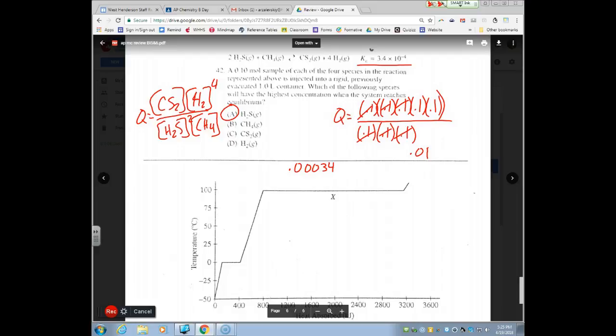That means Q on a number line is way over here. It's much larger than K. Everything wants to get back to equilibrium, so we would shift to the reverse reaction. That means we're going to have more of one of those two. The reason why it's H2S is because we're going to get 2 H2S's for every 1 methane that is produced.